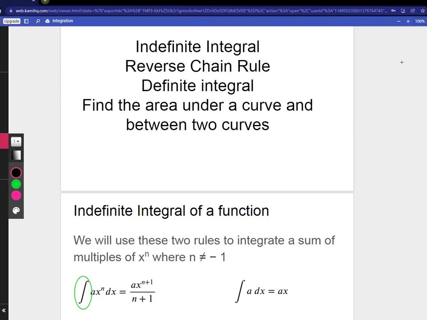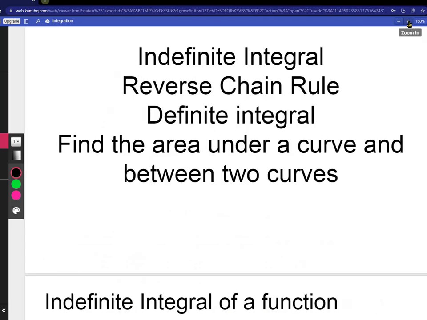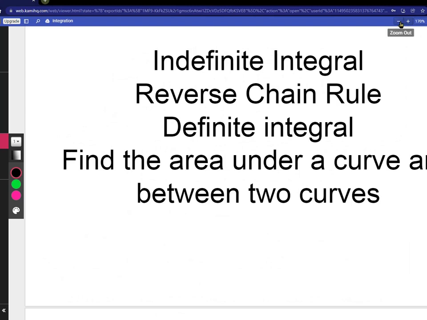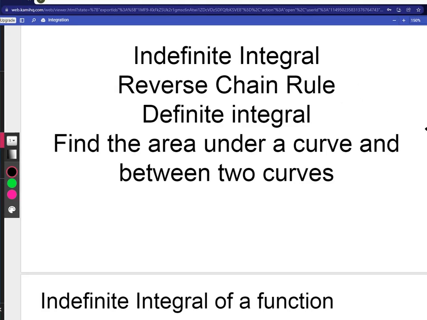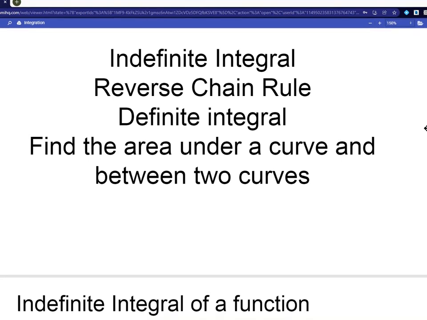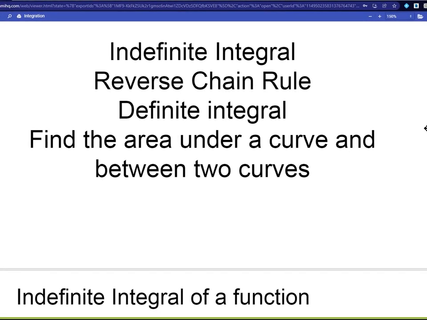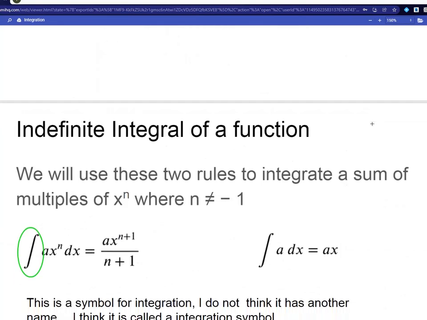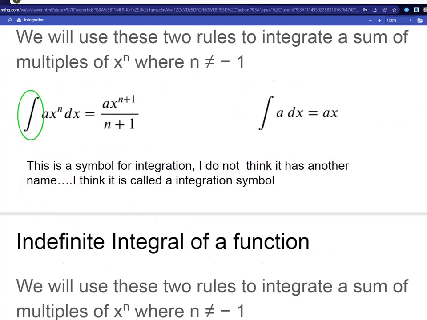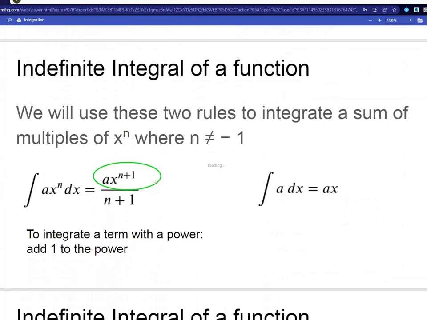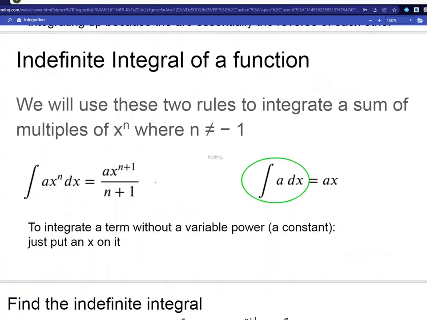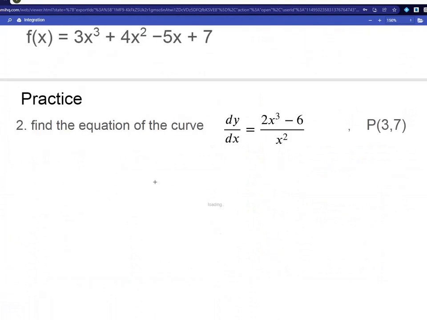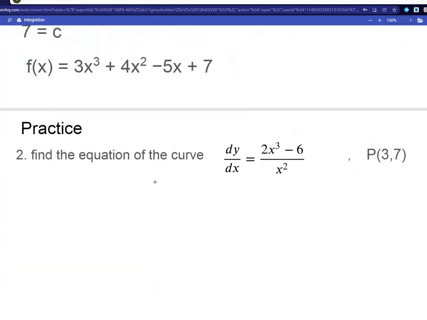So here, I want to take a look at the chain rule. We already did this, but let's find the original equation.